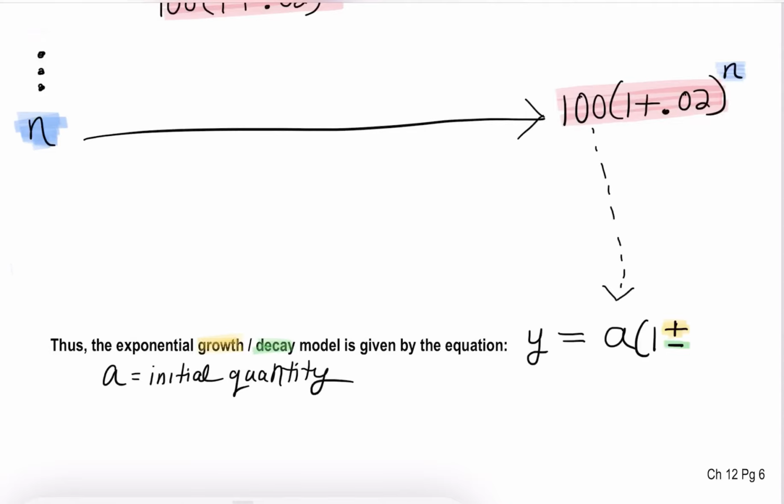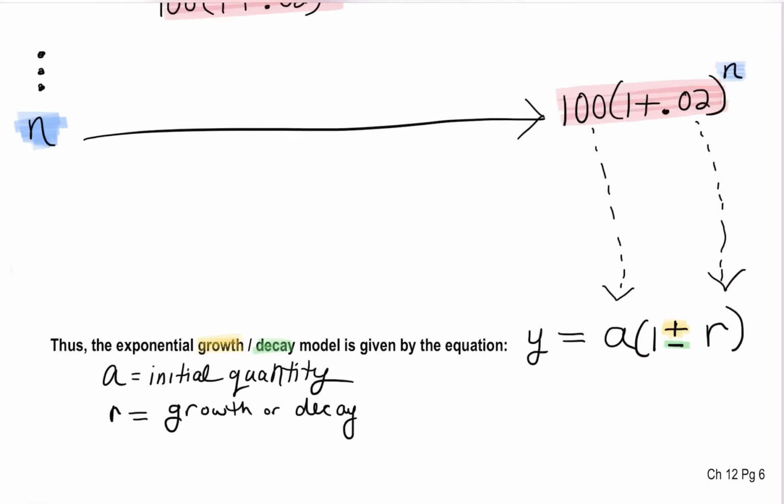And then what was this 0.02? Well, the 0.02, that was that growth rate. So we are going to call that R. So R is going to equal the growth, or it could be decay, depending on the problem. And it's the percentage, but put in its decimal form.